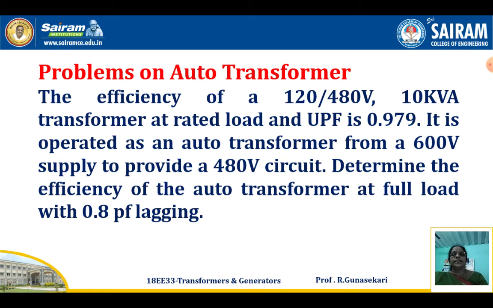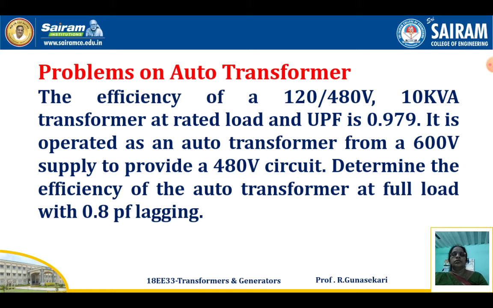It is operated as an auto transformer from a 600 volt supply to provide a 480 volt circuit. Determine the efficiency of the auto transformer at full load with 0.8 power factor lagging.